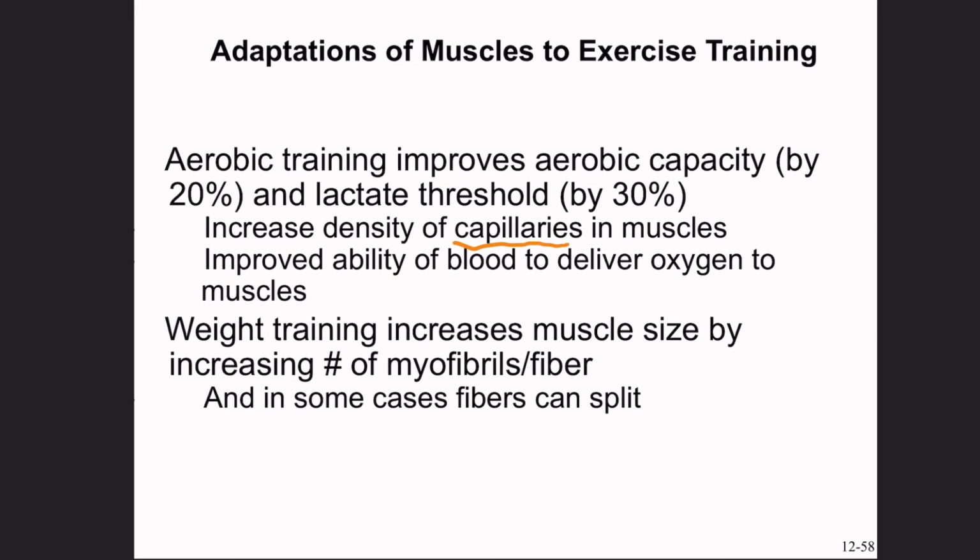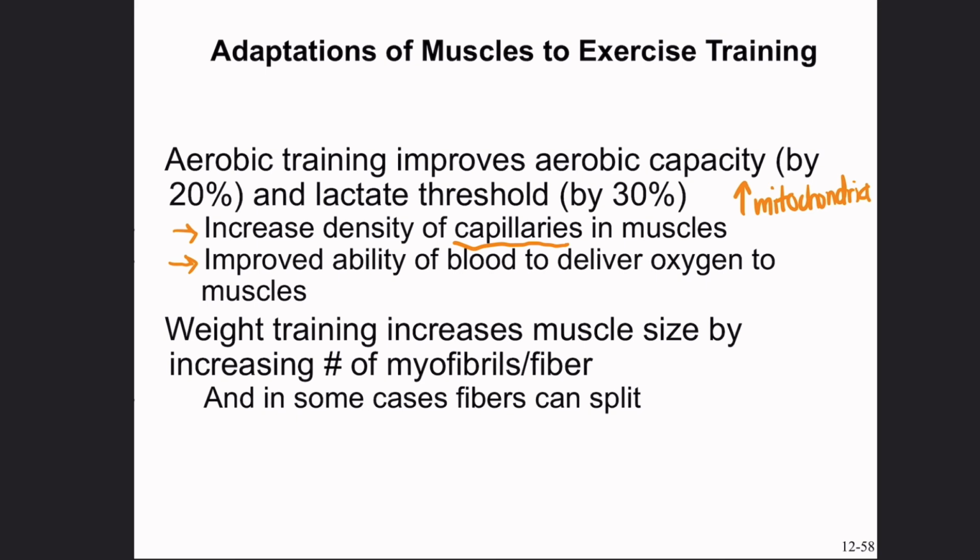It also increases the number of mitochondria in those muscle fibers. So there's just more capacity to produce ATP. It improves the ability of blood to deliver oxygen to muscles with those capillaries as well. And so, for individuals who train, for example, for a marathon, there is change occurring every day that you train.